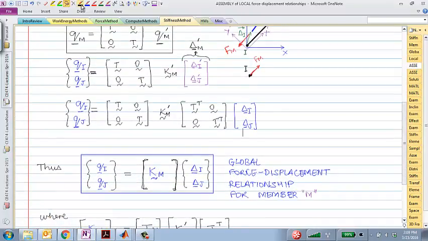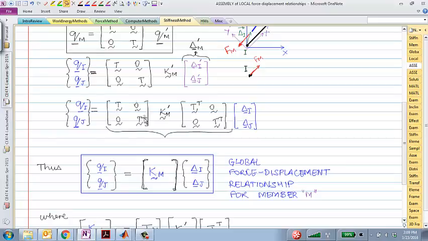Because if you look at this entire matrix, let me ask you this. What's the size of this km prime matrix? Four cross four.